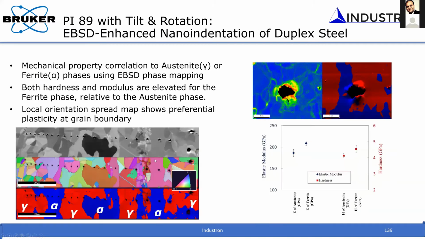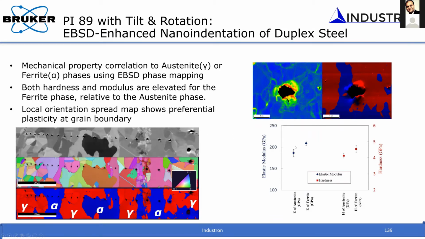I think this is another example, for a duplex steel. You can take the EBSD image of the steel to identify the austenite and ferrite phases, and they can be easily labeled. And then you can position the tip to do indents on those particular grains so that you are confident about which phase you are indenting.